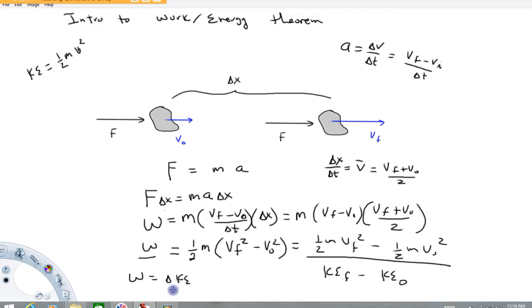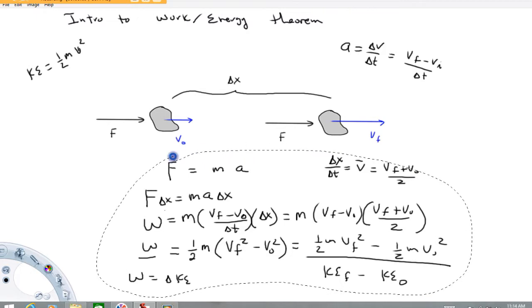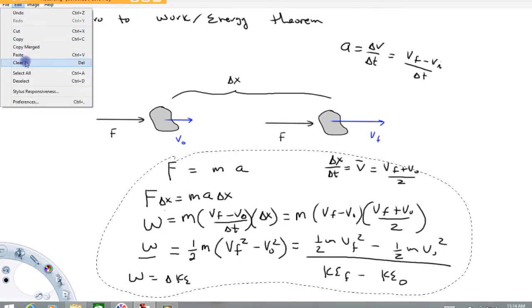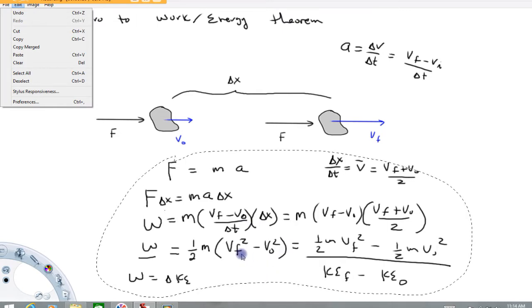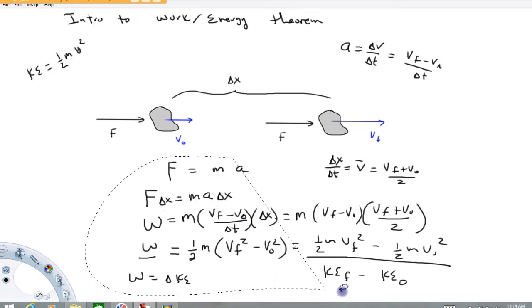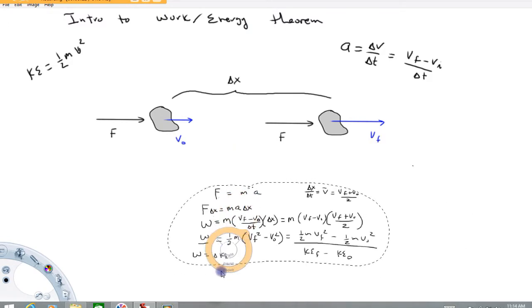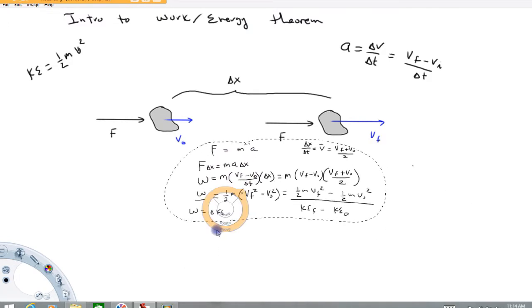Now, I'd like to take a moment and rearrange that equation a little bit and show you how I like to write the work energy theorem. Again, kind of picking it up from here.